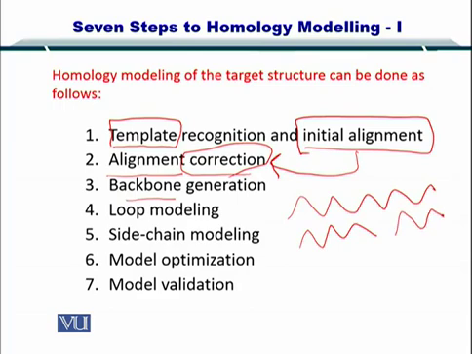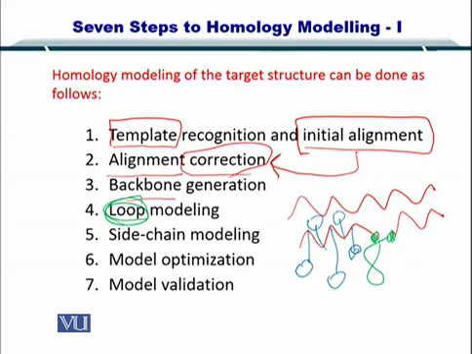After generating the backbone, next you need to look at the various loops that are going to join the backbone. And of course, this is followed by, as you know already, that every protein is formed of amino acids and every amino acid has a side chain.